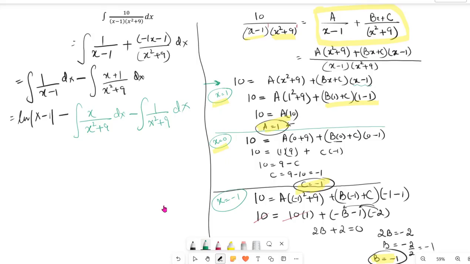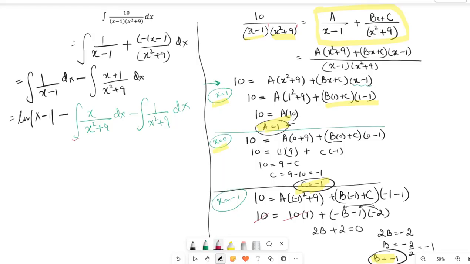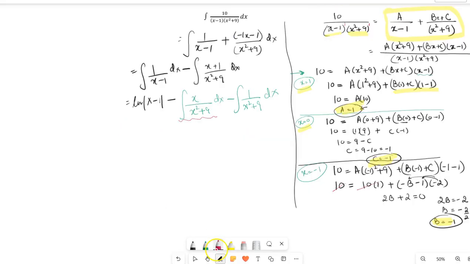Okay. Now, to handle this second integral, I'll have to do some u substitution. u is equal to x squared plus 9. du would be the derivative, 2x dx. We have x dx, that is actually what gave me the clue.